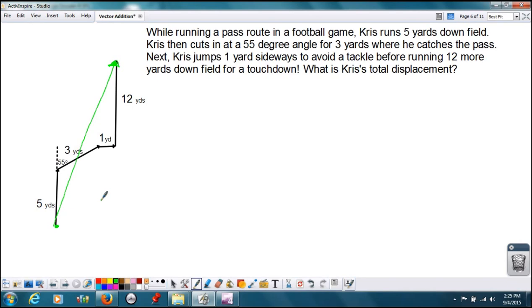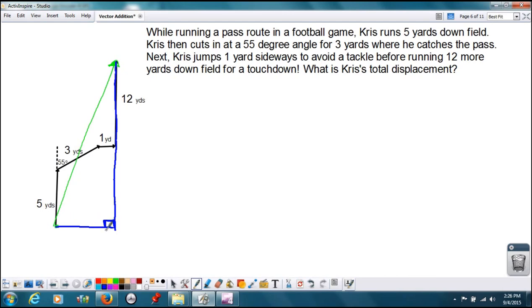What looks like an easy right triangle for me is if I start up here by the finish and just come straight down, and then over at the start, come straight over to the right, I can make myself a 90-degree angle, and the green line will be the hypotenuse of this right triangle.